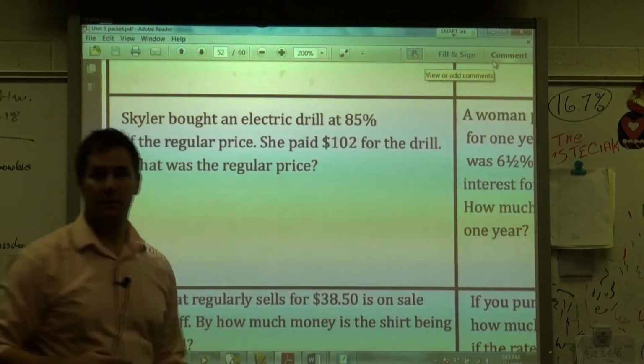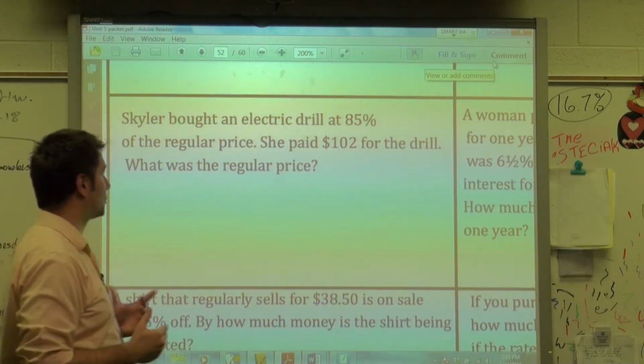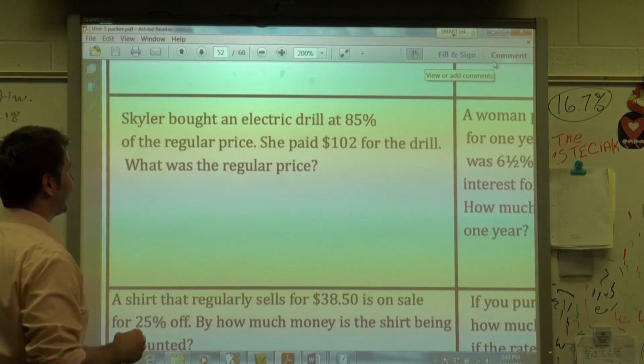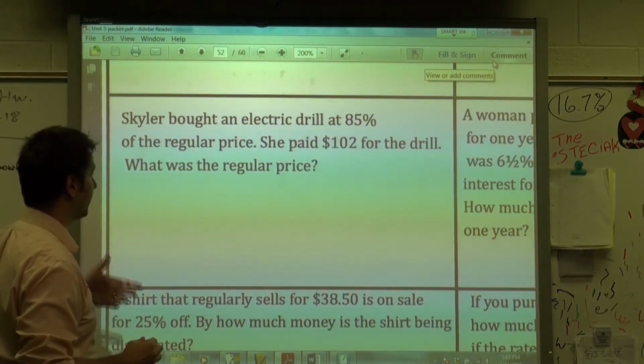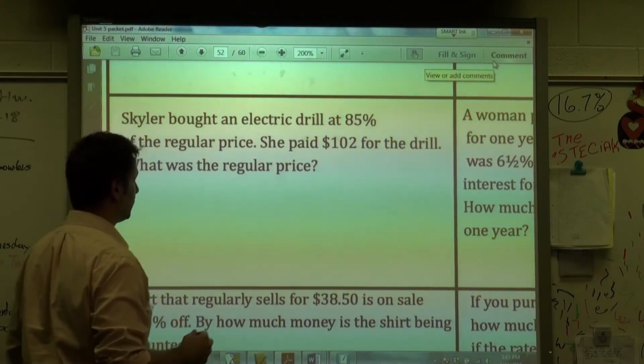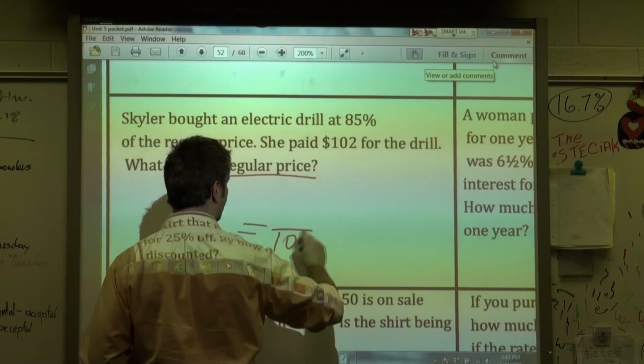Problem number 3 is very similar to problem number 2. Let's read this together. Skylar bought an electric drill at 85% of the regular price. She paid $102 for the drill. What was the regular price? Just like before, we are going to use the formula.